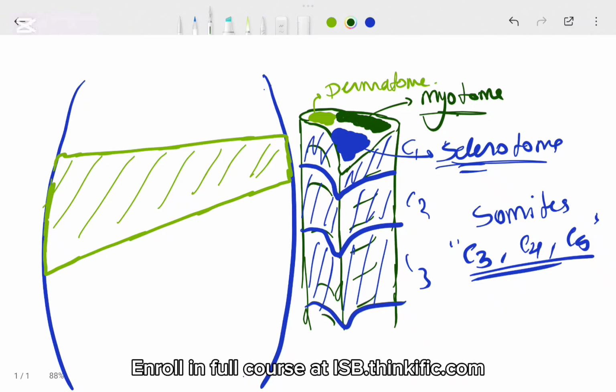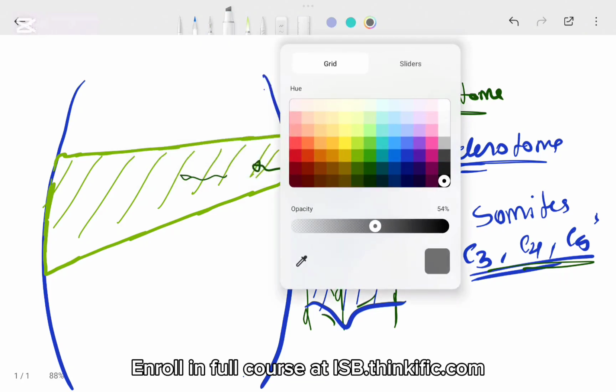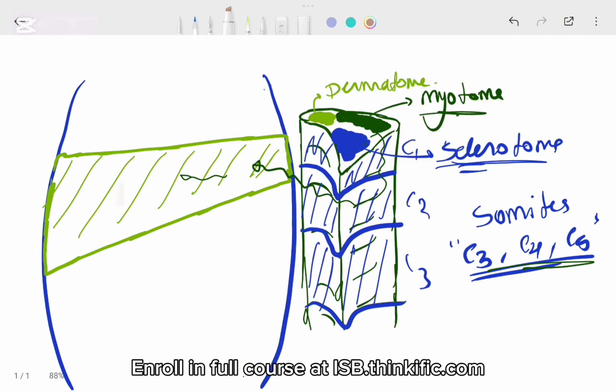They will have a trip from the C3, C4, C5 myotomes. They will move and invade or infiltrate the septum transversum, and it will be very, very rich in muscle cells, right? Cells which are going to form muscles.